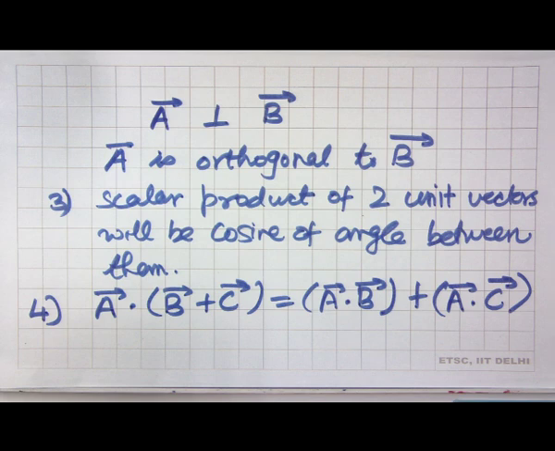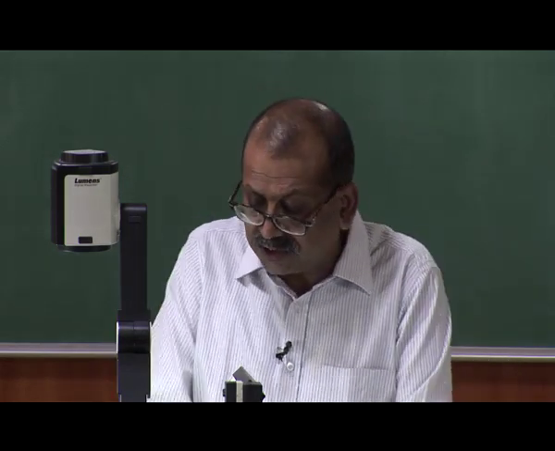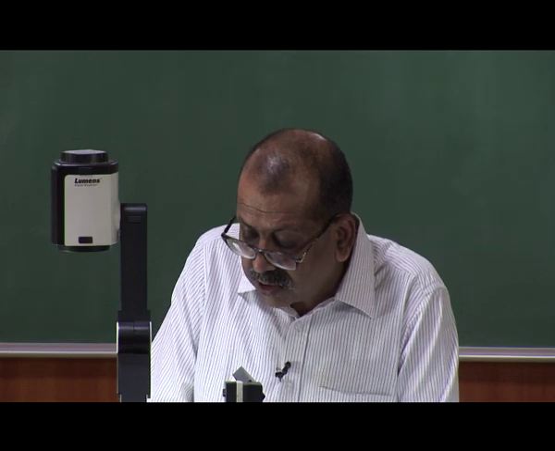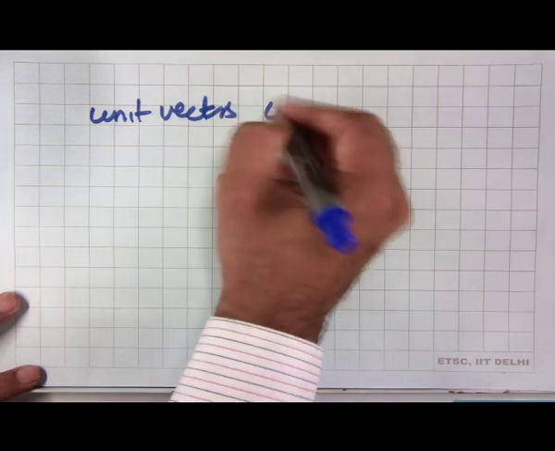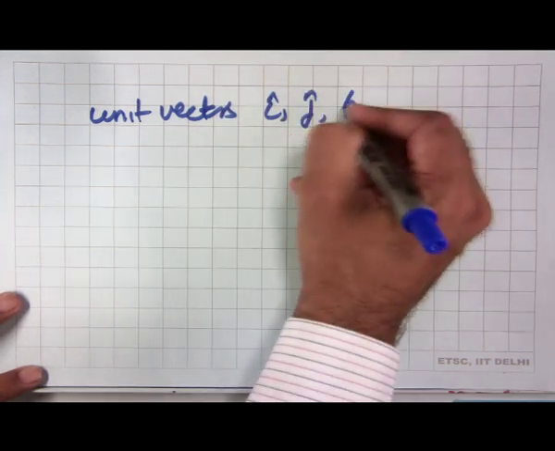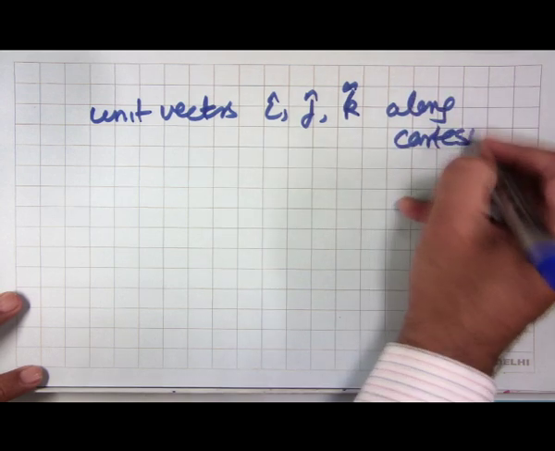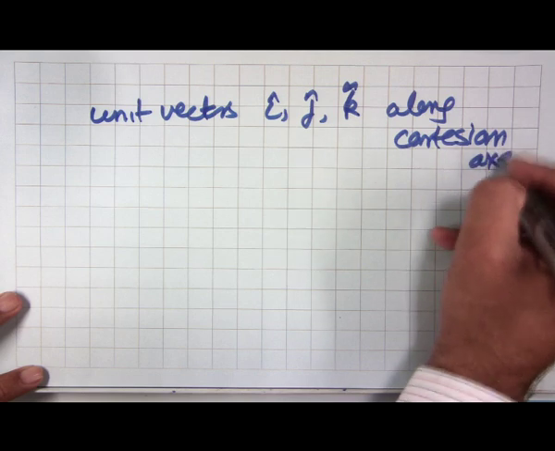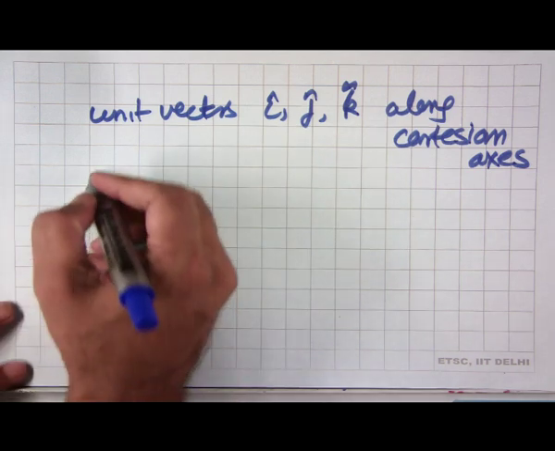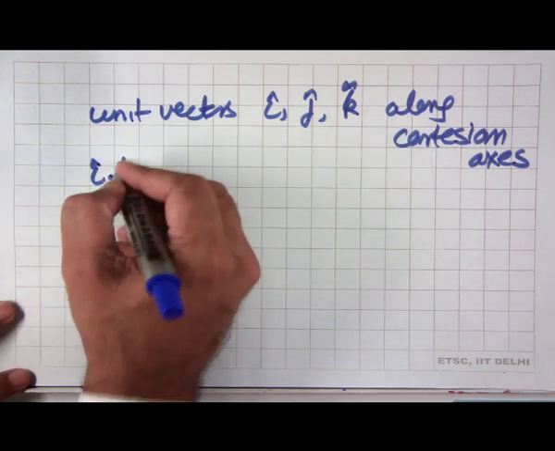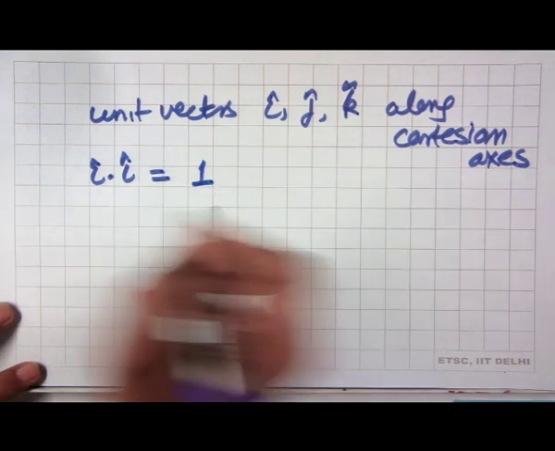Now, let us look at how this dot product looks in terms of unit vectors. Let us look at the unit vectors i, j, k along the Cartesian axes. Clearly, i dotted with i will be 1.